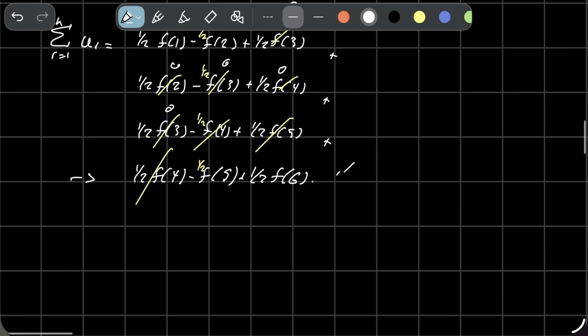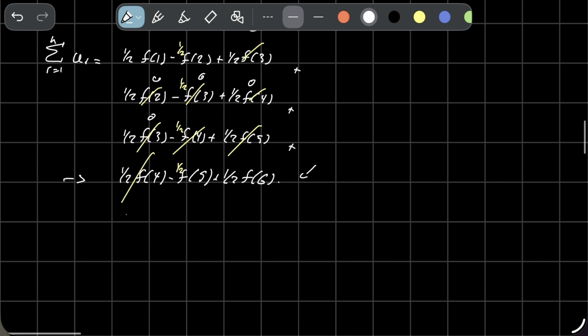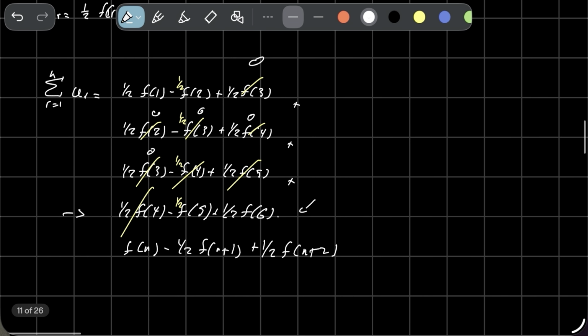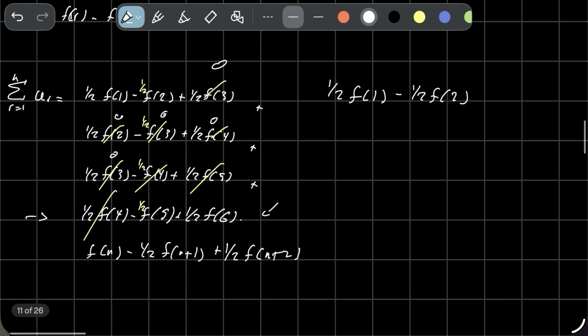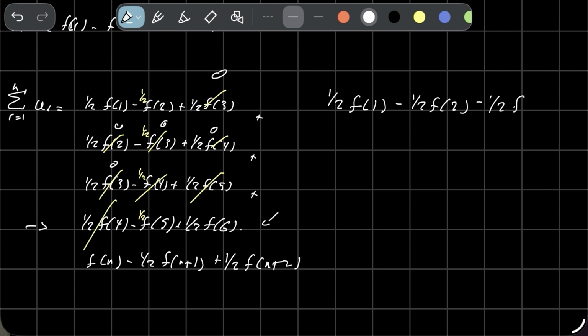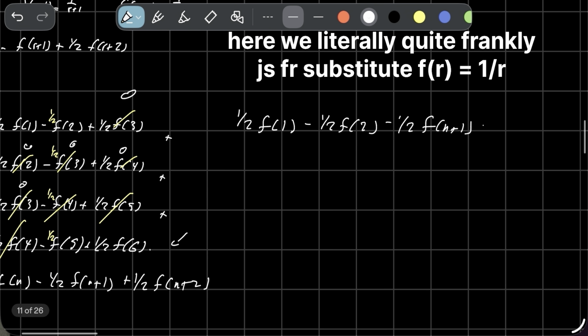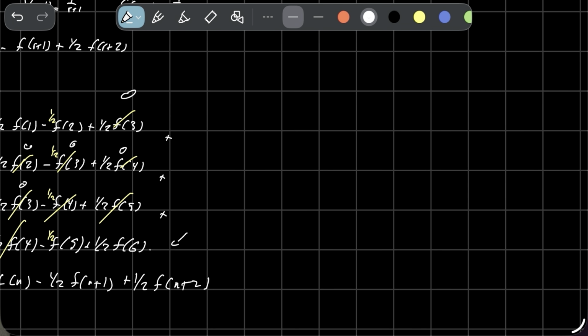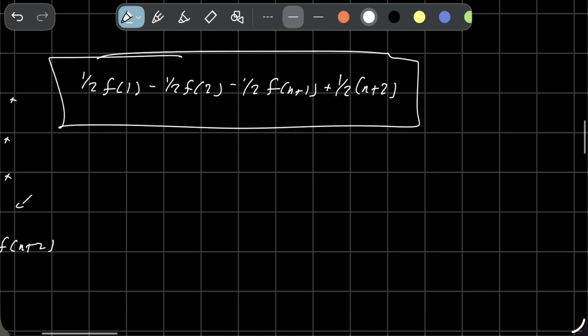Of course, this is the nth step, so this is f_n, and this is half f(n plus 1), and half f(n plus 2), meaning that we would have half f1 minus half f2 minus half f(n plus 1) plus half f(n plus 2), and that's it. This is the answer, and thank you.